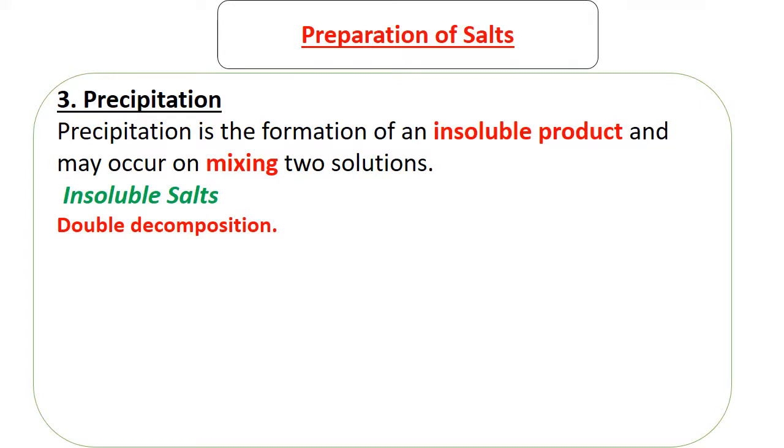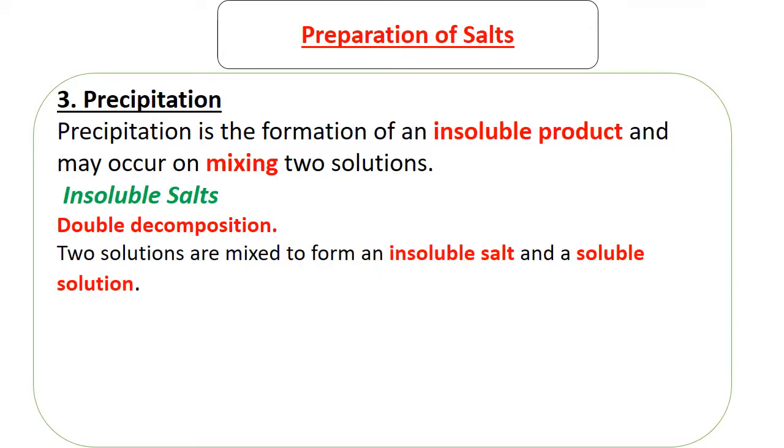Since hydrogen in hydrochloric acid is lower on the reactivity series than sodium, sodium is going to replace the hydrogen in hydrochloric acid. That was replacement or decomposition. But precipitation is a double decomposition where there is some kind of replacement happening twice. So in double decomposition, two solutions are mixed to form an insoluble salt and a soluble solution.